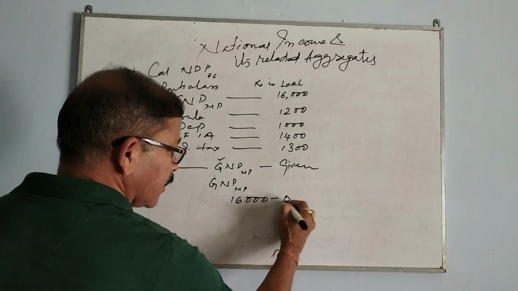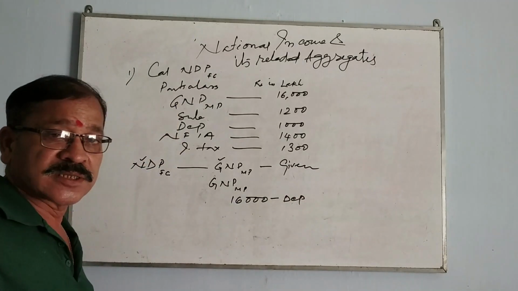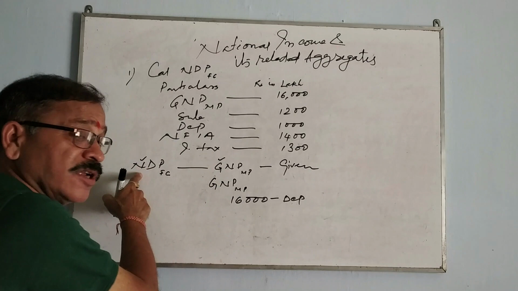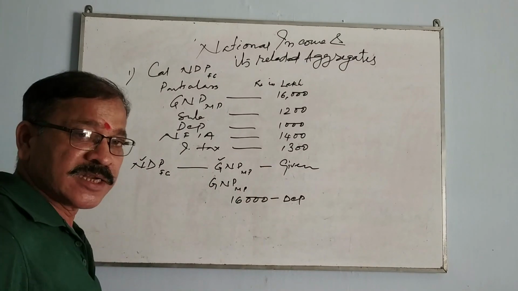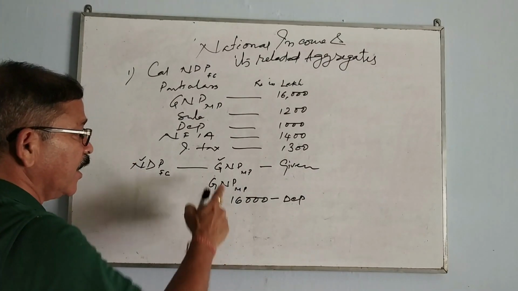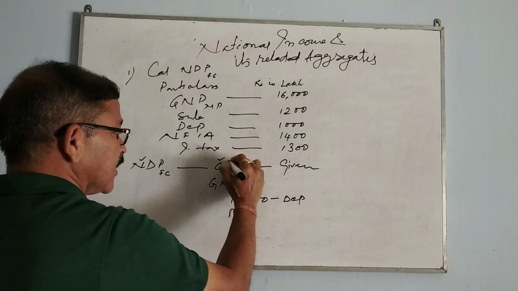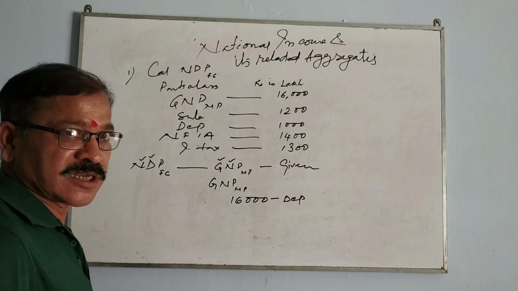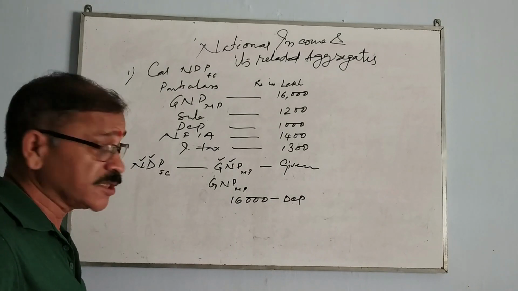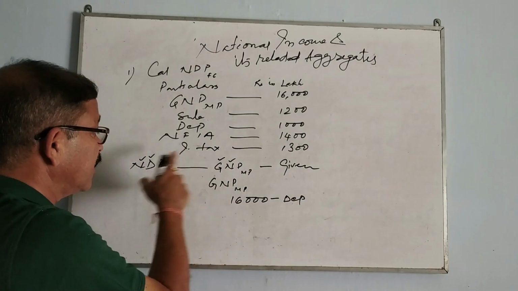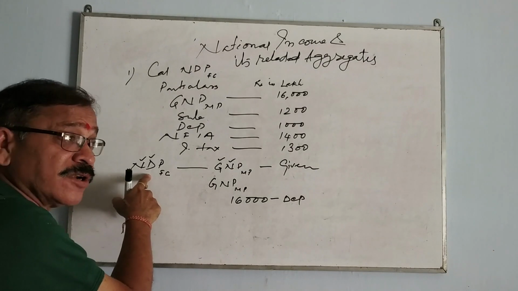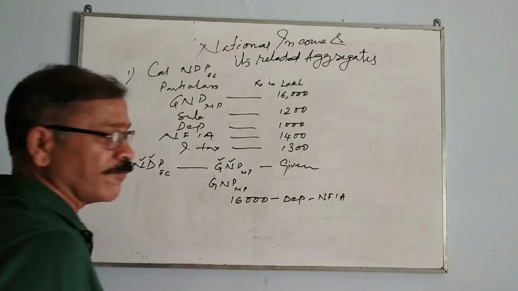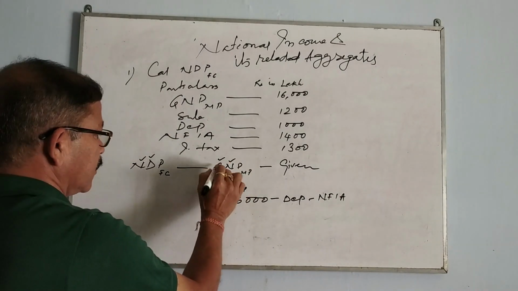As per formula, you have to subtract depreciation. Gross is given, net asked, so minus depreciation. National is given and you have to find out domestic. The formula which we already discussed: that means minus NFIA.